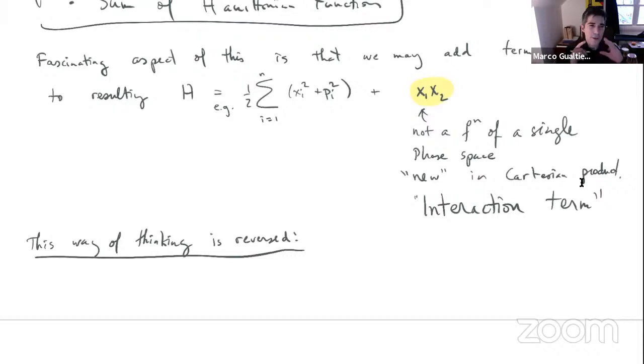Let me put it in the form of a quotation. If we want two particles to attract each other, that would be a form of interaction.